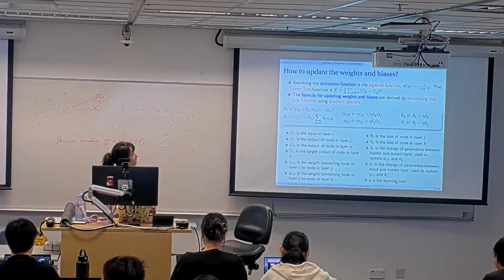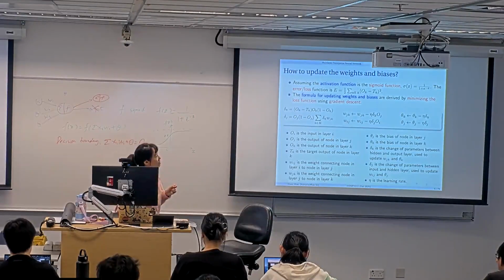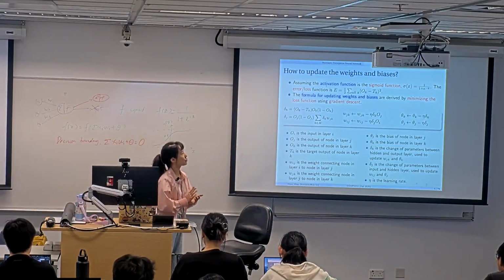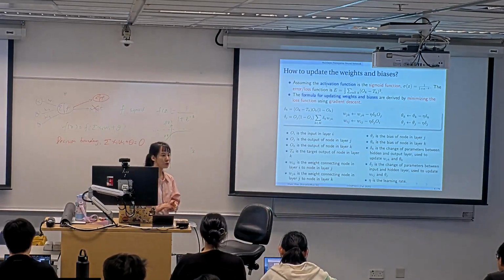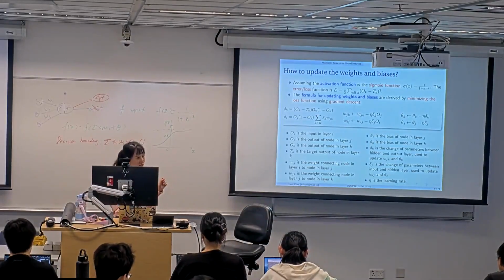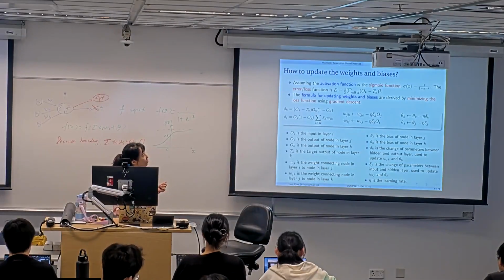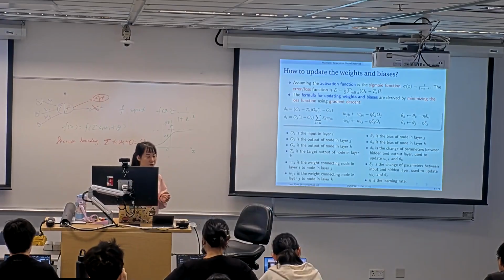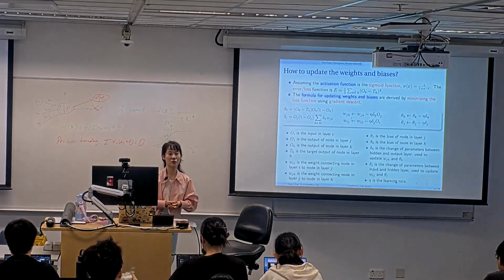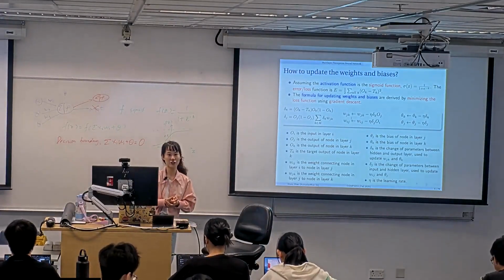So we assume that we have this activation function and this loss function. Note that if we want to develop the formula for updating parameters, we have to make these assumptions, because all these formulas are only valid for a fixed activation function and a fixed error function.